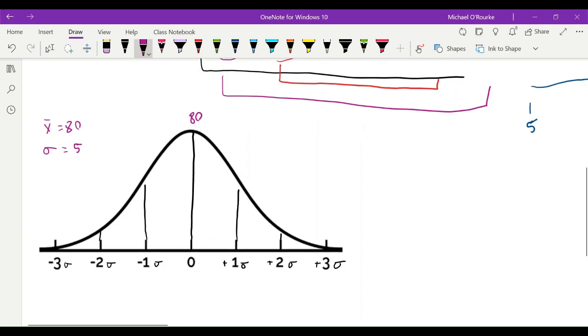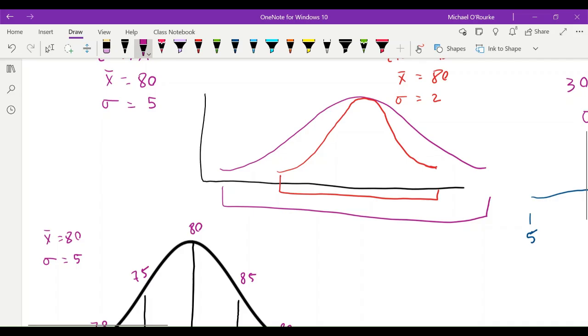Now, we're going to add a standard deviation: 85 here, 90 here, and 95 here. And then we're going to take it off, which means 75, 70, and 65. So that would be the spread of marks. Generally, the low mark would have been 65, the high mark would have been 95, and the average 80.